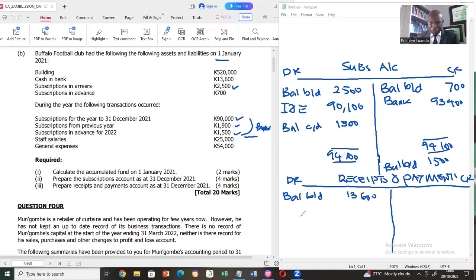And then subscriptions. Subscriptions received 93,400. That is when you add up those. Then we have staff salaries. Staff salaries or wages. That is 25,000. Then we have general expenses.